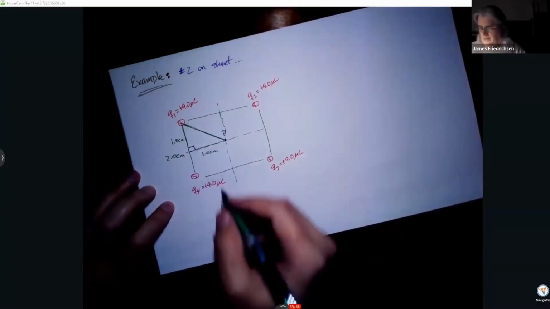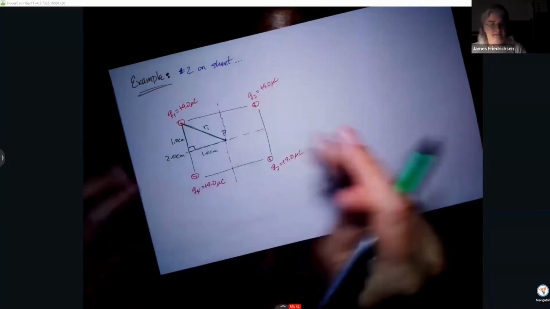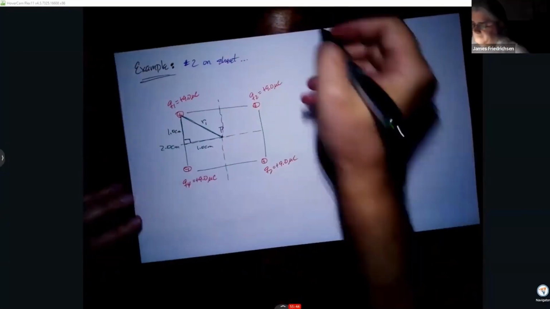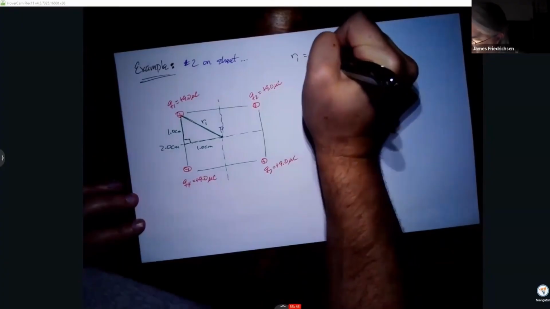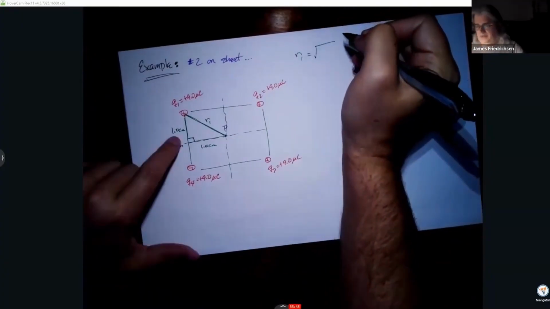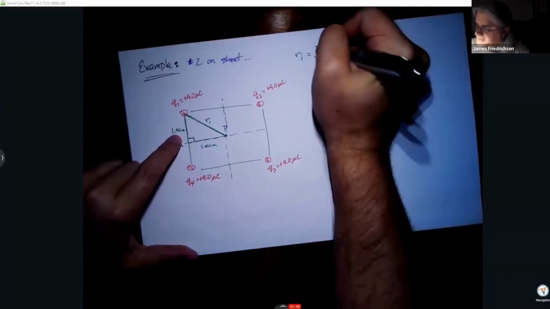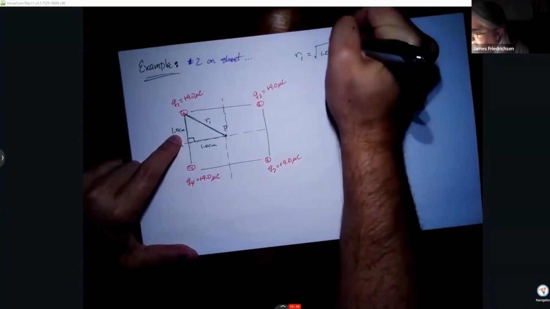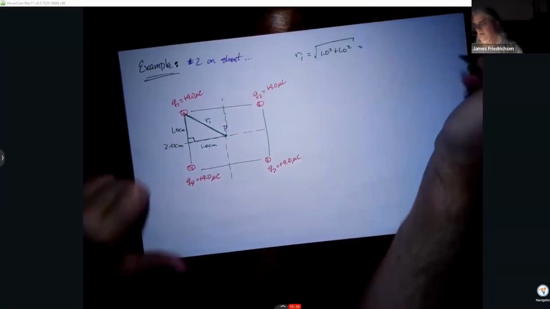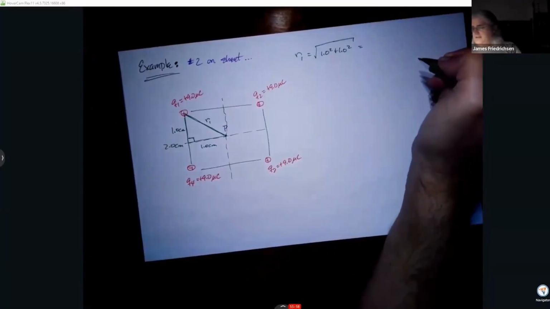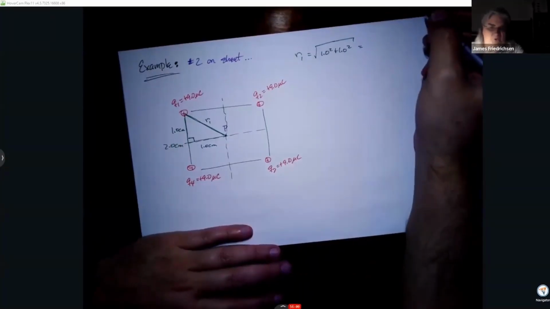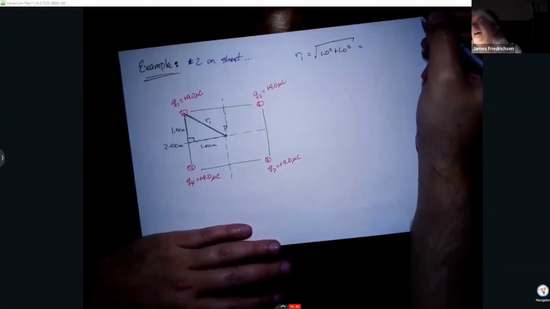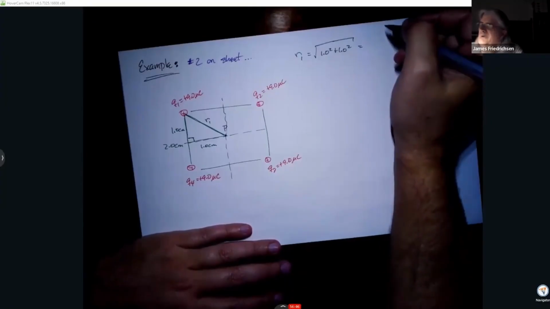So then we'll want to calculate this R1 value. This is going to be 1 centimeter squared plus 1 centimeter squared. I'll just leave it in centimeters for the time being. So this is the square root of 2, which is 1.414.